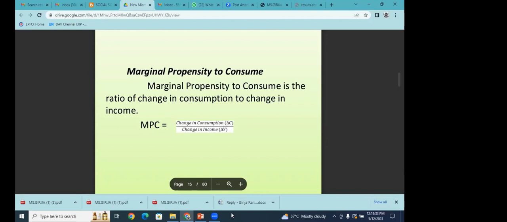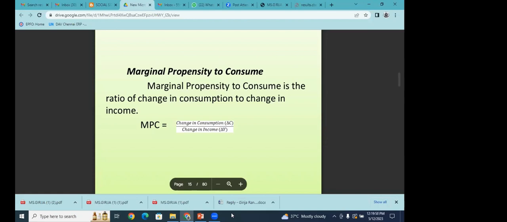When will MPC be 0? When change in consumption is equal to 0. Or you can put it in another way, when the entire increased income is saved. When the entire increased income is saved, MPC can be 0.